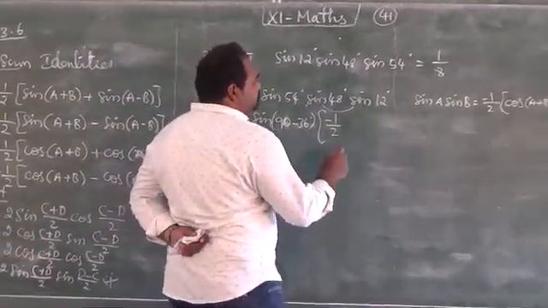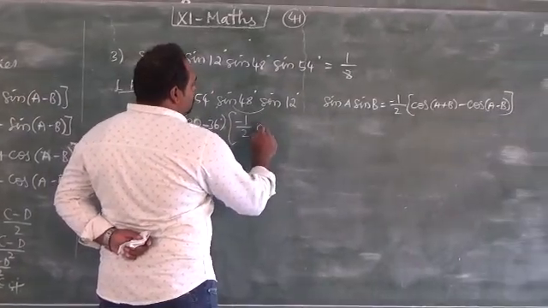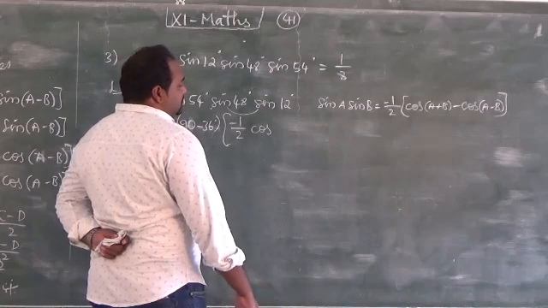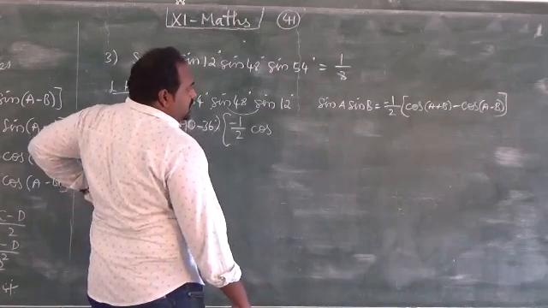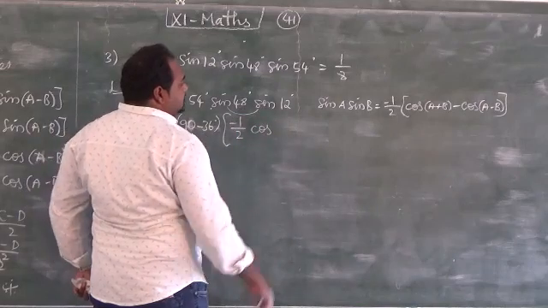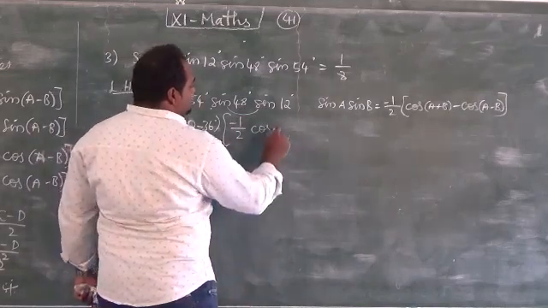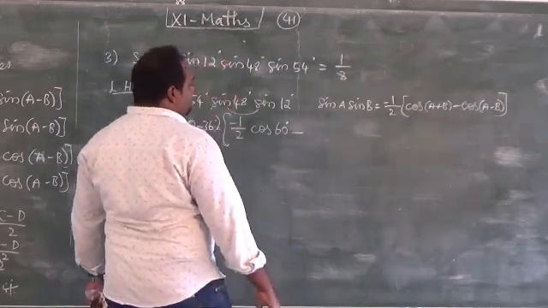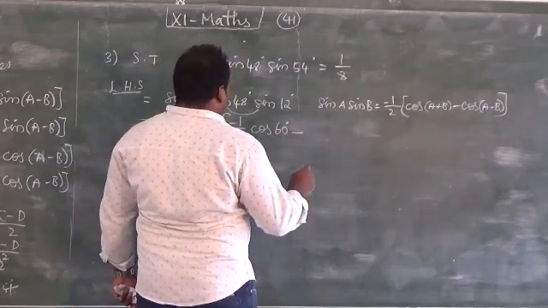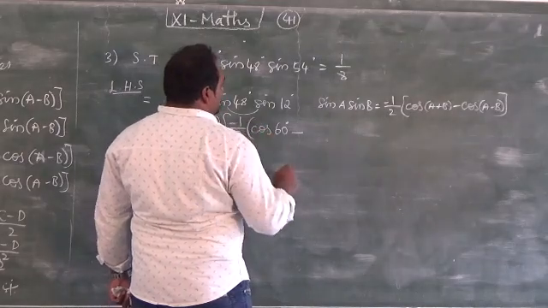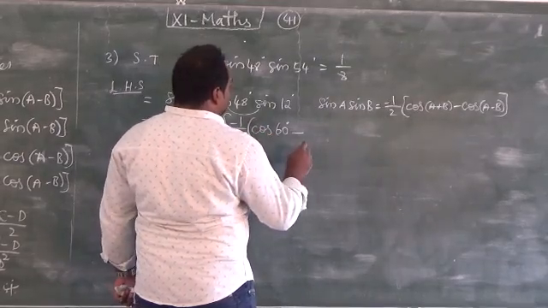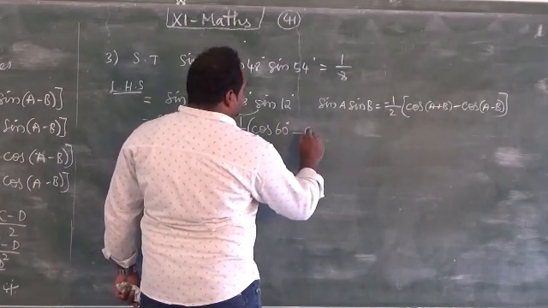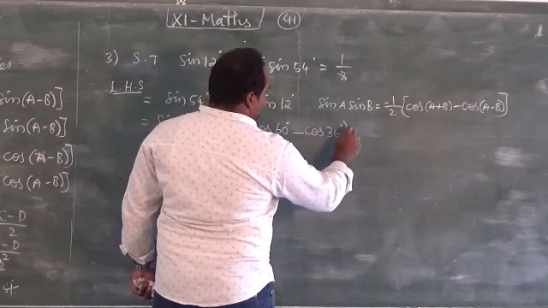Okay, now 1 by 2 cos (A plus B), 48 plus 12, it is 60 degree, minus cos (A minus B), 48 minus 12, is cos 36 degree.